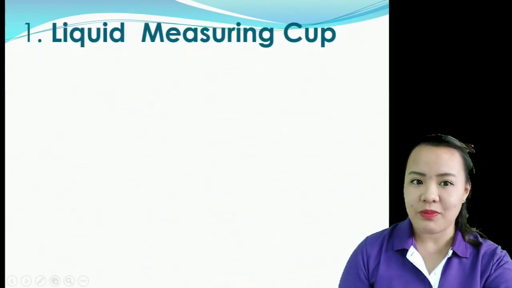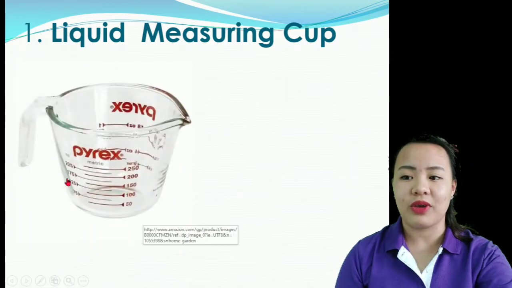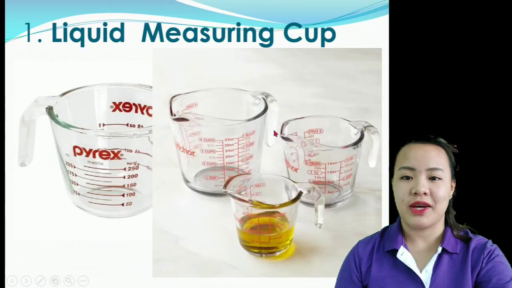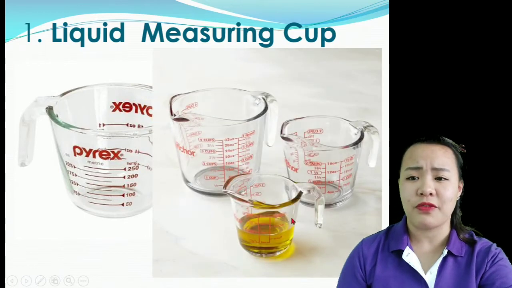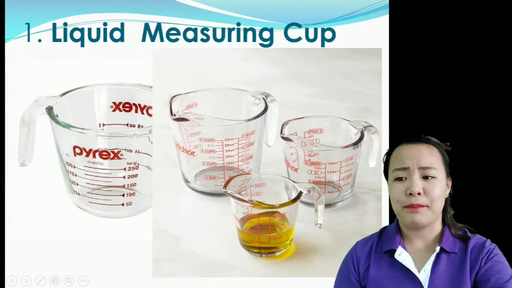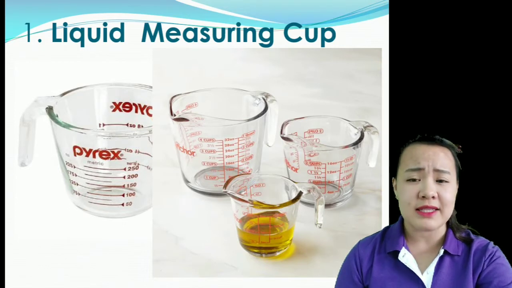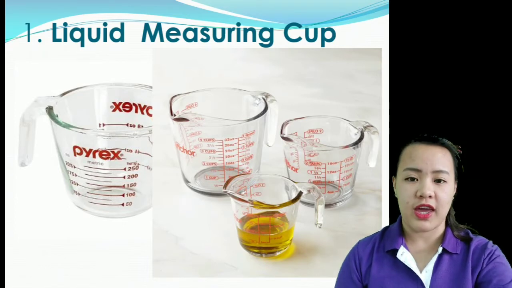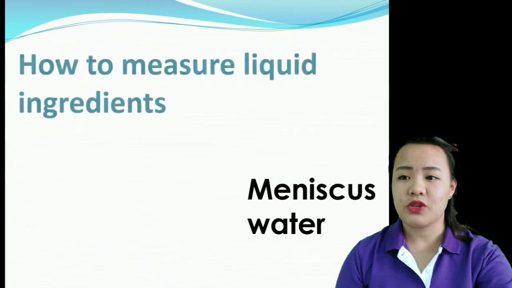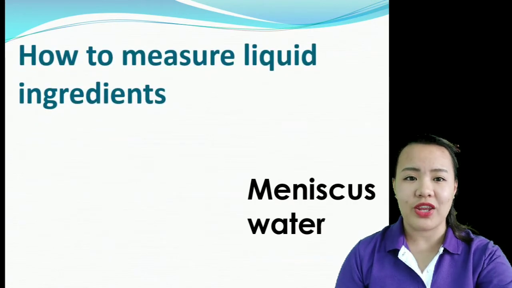Okay, so next, liquid measuring cup. So what is a liquid measuring cup? This is a liquid measuring cup. Another example, this one. They come in glass or plastic. So how to measure liquid ingredients?